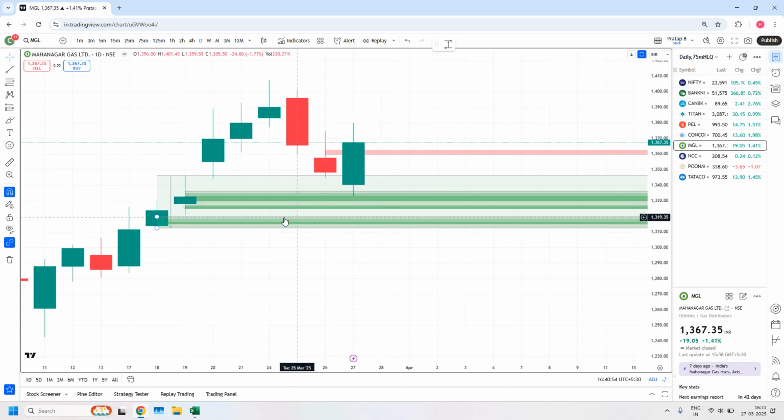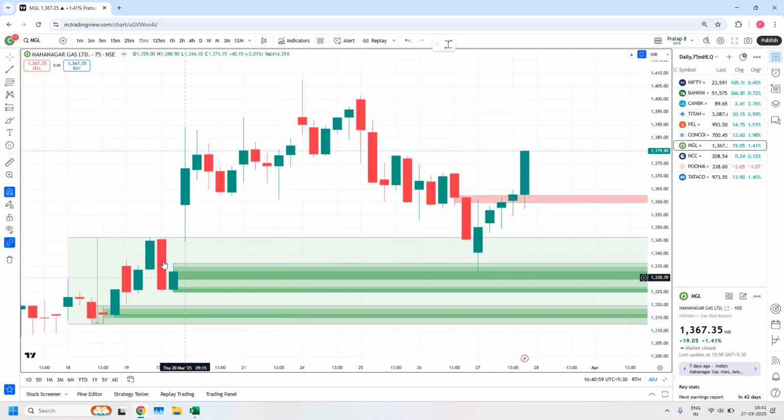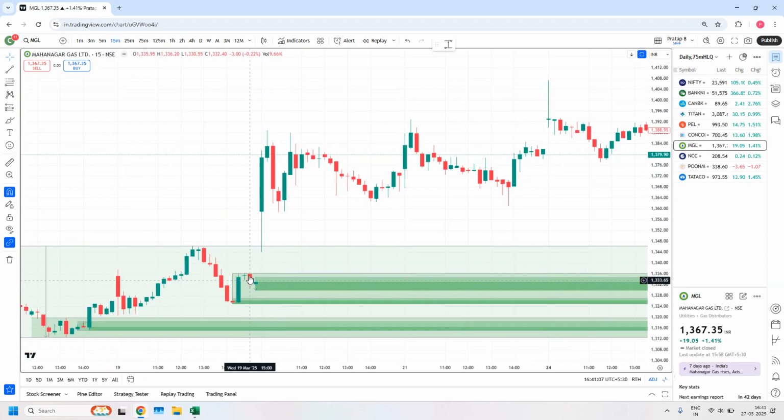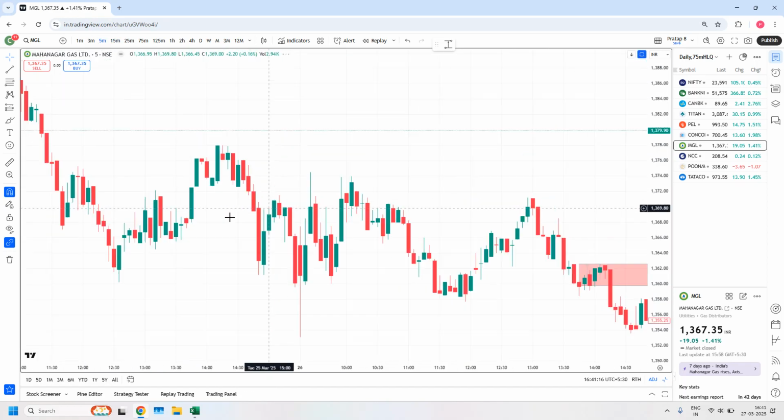Before we look into that, the 75-minute zone I fine-tuned yesterday is like this. Drop, base, rally. After that, I fine-tuned within the 75 minutes. It's a very clear drop, base, rally, and again drop, base, rally. Two order flows are here within the 75 minutes area. Now again I went to the 5 minutes.